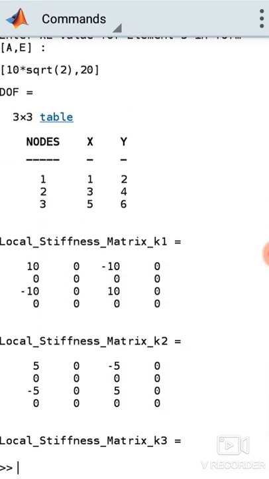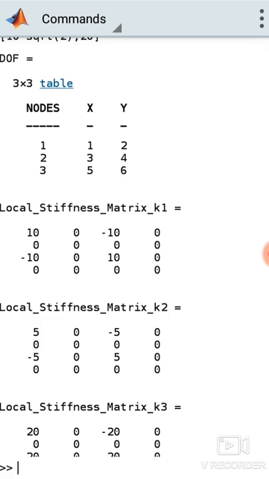So the output of this program contains the degrees of freedom. First it shows the degrees of freedom. The first column contains nodes. Yes, the matrix contains 3 nodes. It automatically develops the degree of freedom numbers in the x and y axes.